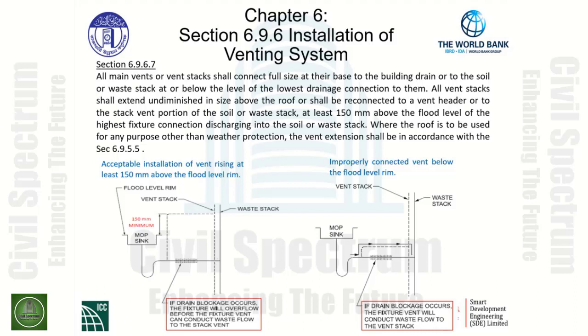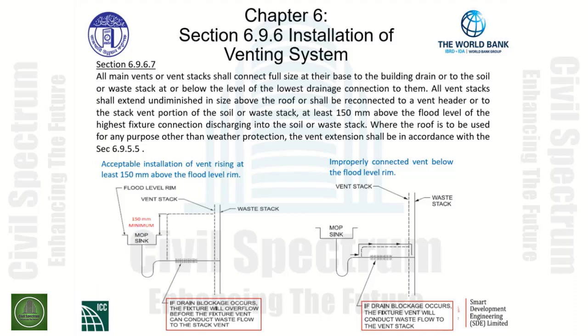All main vents or vent stacks shall connect full size at their base to the building drain or to the soil or waste stack at or below the level of the lowest drainage connection to them. That particularly fits a definition accordingly, and the requirement tells us that it needs to connect full size here.